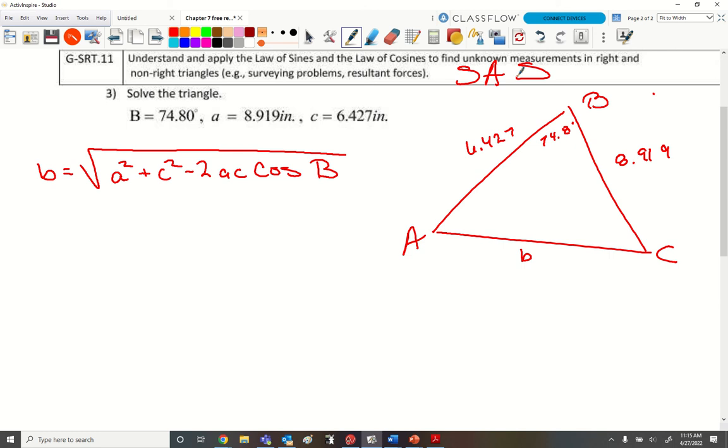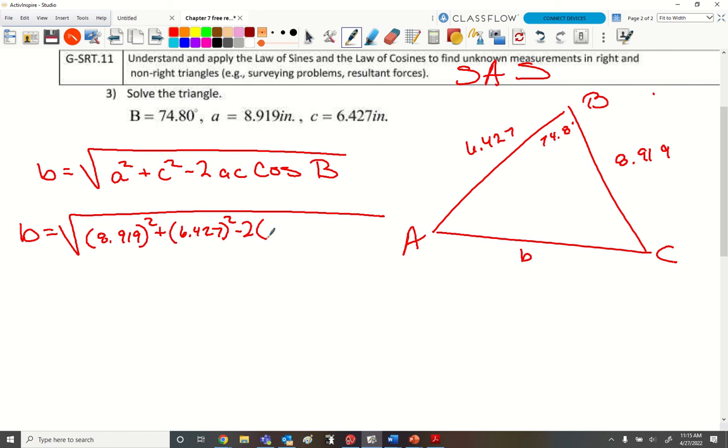Now, let's go ahead and start plugging in what I have. Since I'm solving for little b, little b is equal to the square root of a, which is 8.919 squared, plus 6.427 squared, minus 2 times 8.919 times 6.427 cosine of 74.8.